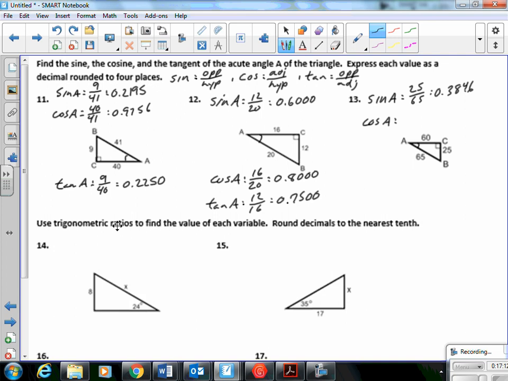Cosine of A, the adjacent side 60 over the hypotenuse 65. 0.9231. And tangent of A is the opposite side, 25, over the adjacent side, 60. And 25 divided by 60 is equal to 0.4167.